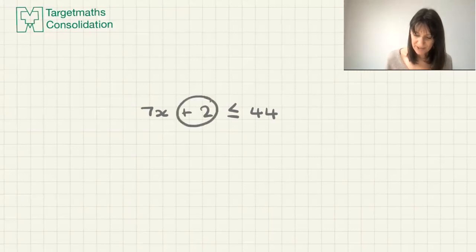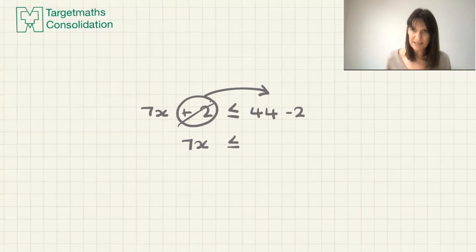So my plus 2 will land as minus 2. That's gone. 7x is left. Keep the symbol, keep the inequality. 44 take away 2 is 42. I'm now going to divide through by my 7, and I've got x is less than or equal to 6. And if you got that right, well done. Really good.